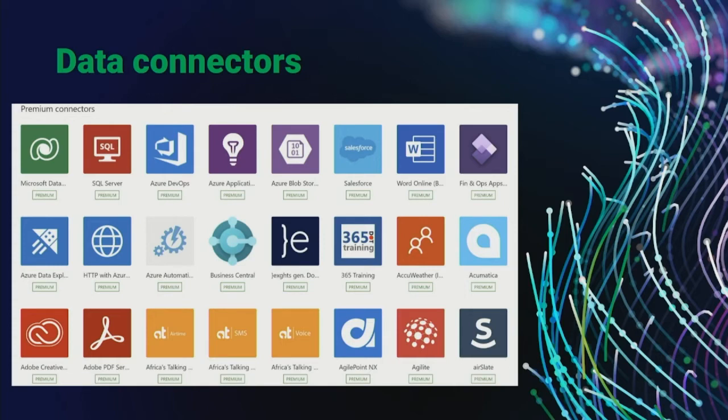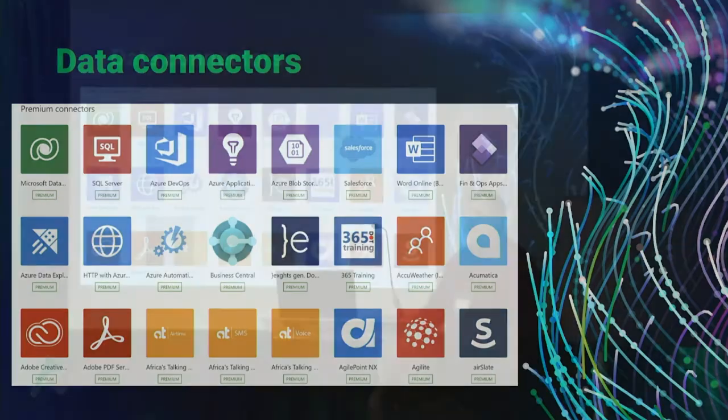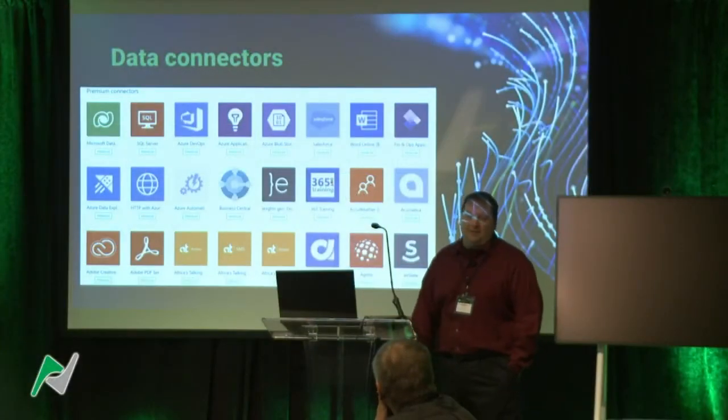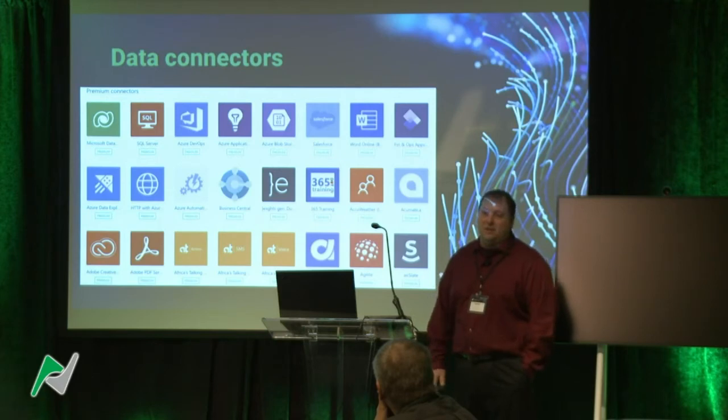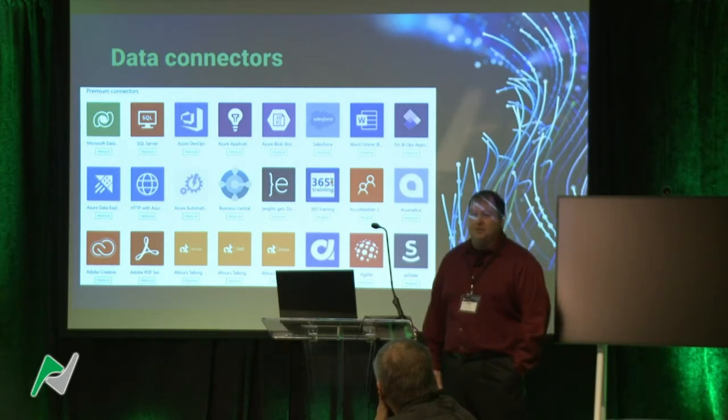We also have things like Business Central, which was just talked about, and Salesforce.com. Like I said, there are over 300 of these. On top of that, as a developer, if your data source is not listed in these 300, we can create a custom connector, which can access your data via APIs or webhooks as well. So that's another option we have.